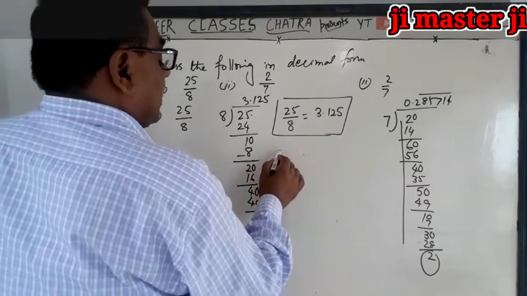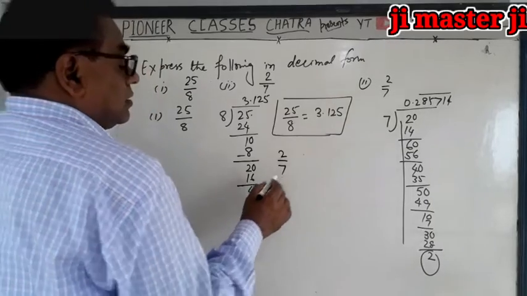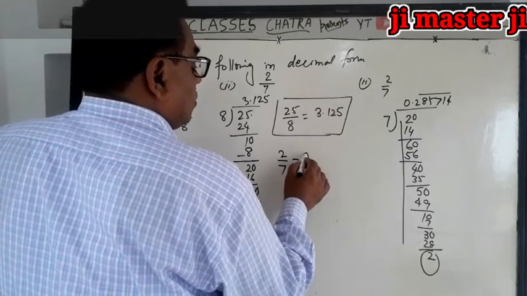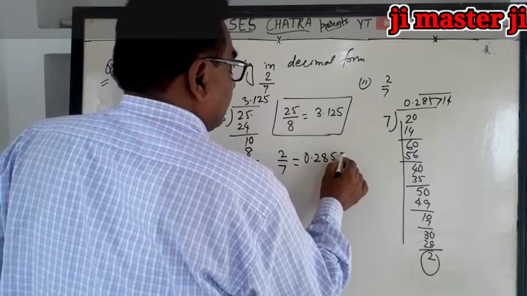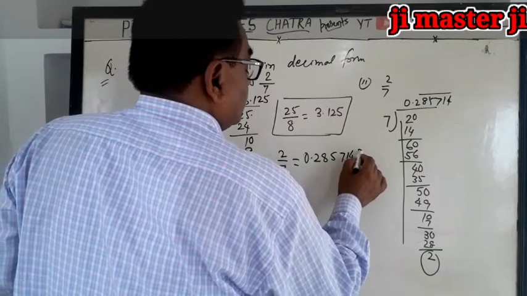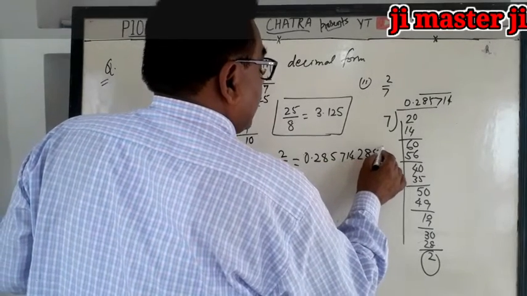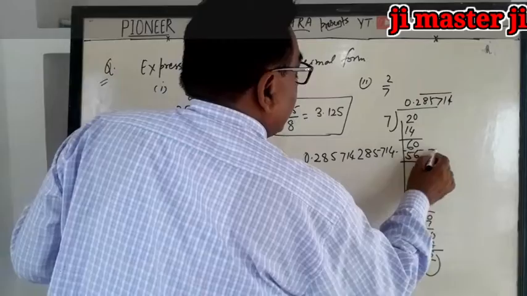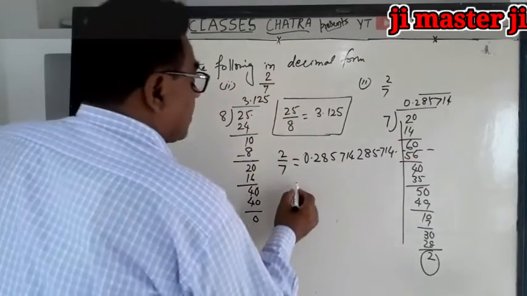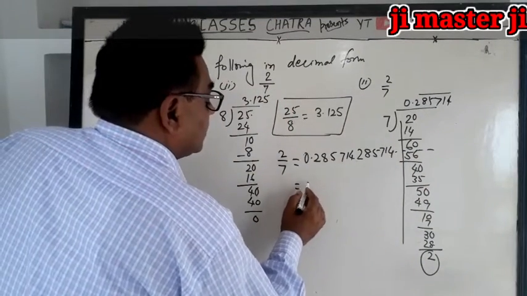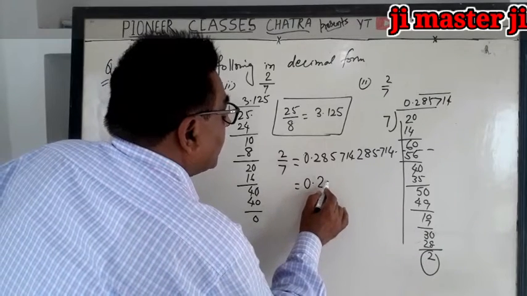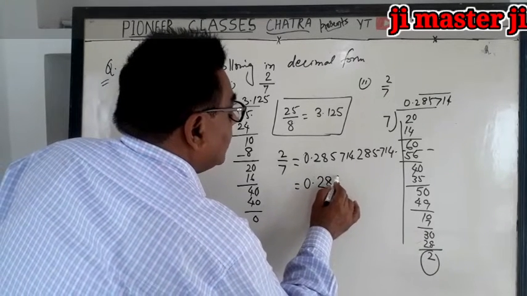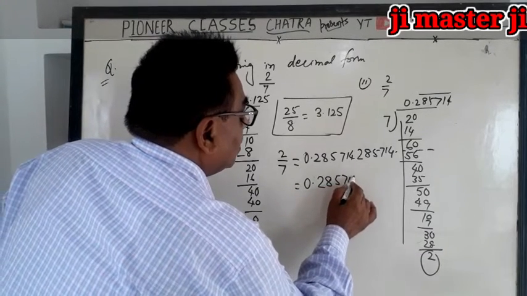So 2 by 7 is equal to 0.285714285714 and so on. So what do we get? We get a recurring of the whole part 285714.